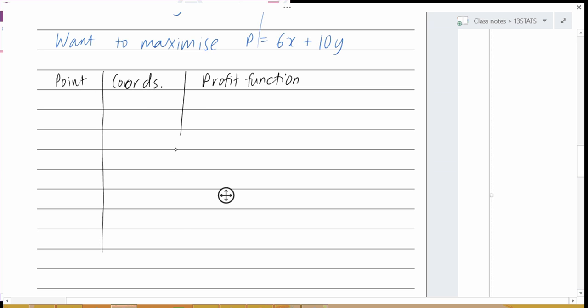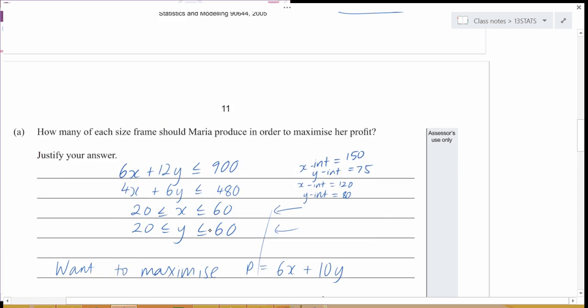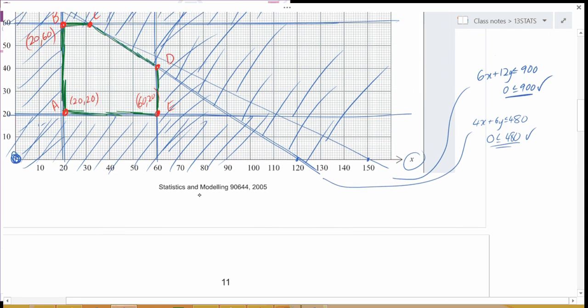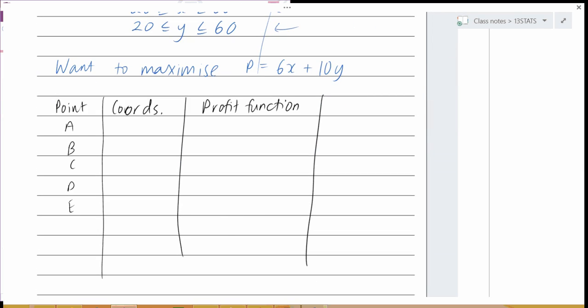Alright, so let's make this up. We've got our points A, B, C, D, E, and we did A first, which came out as 20, 20. Then we did B, 20, 60, and then E, which was 60, 20.